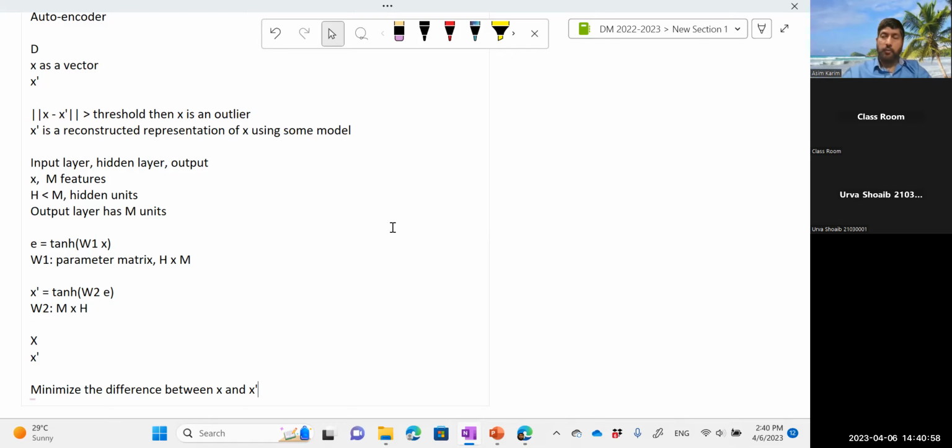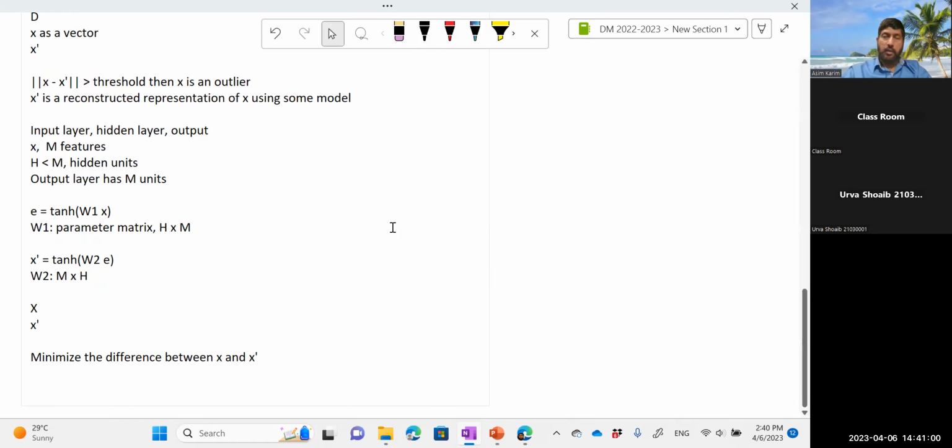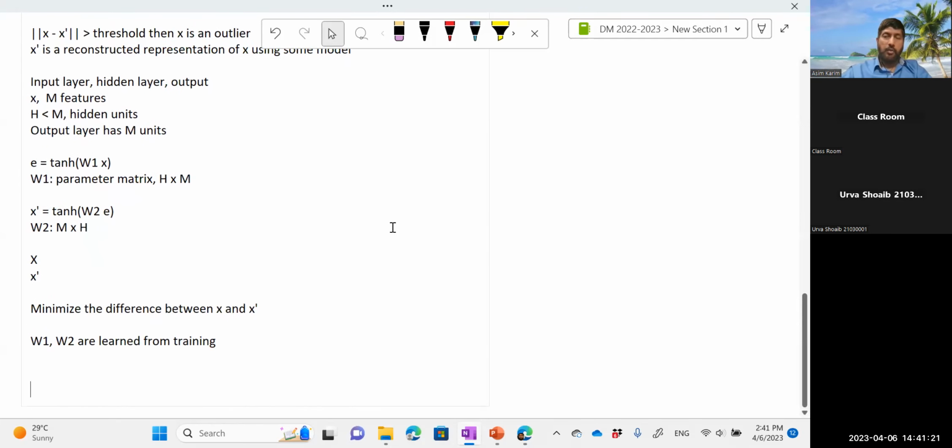So our training will be done. Once your network is trained, you will have all the parameters fixed, W1 and W2, which are basically learned from training. Once they are fixed, you can then use the network. Given any new x, you can get its x prime.